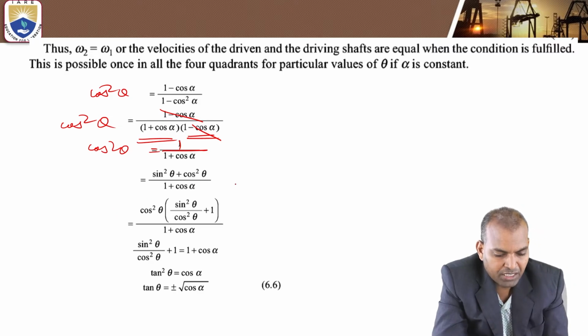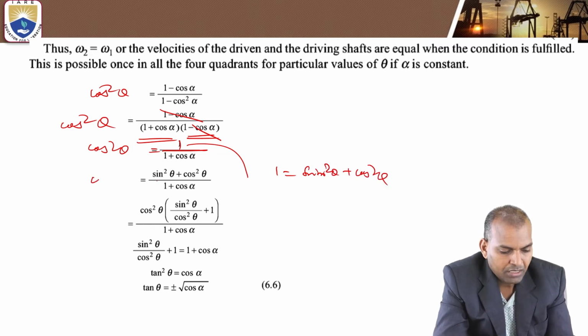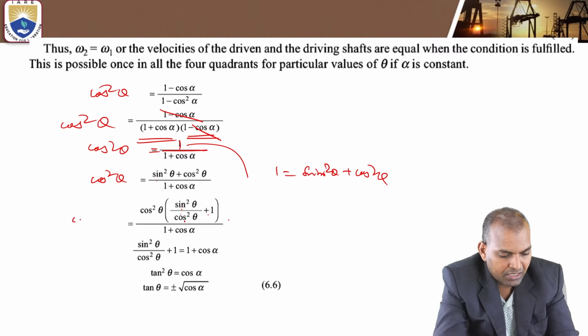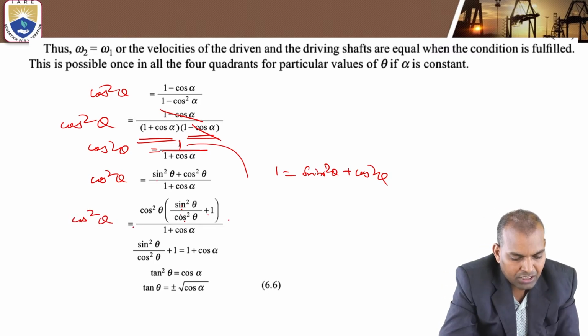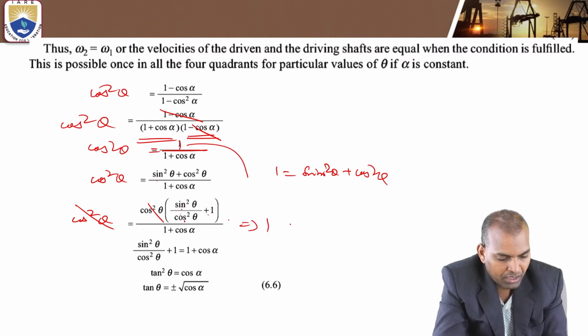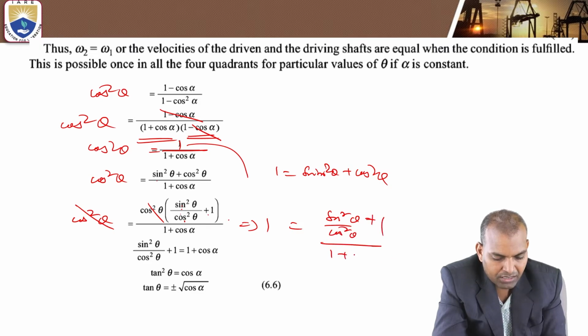Then, for further simplification, this 1 can be written as sin square theta plus cos square theta. Substitute here. Then cos square theta into sin square theta by cos square theta plus 1. This sin square theta by cos square theta is tan square theta. Then sin square theta plus cos square theta over cos square theta, so cos square theta cancels. Then it becomes again 1 equal to sin square theta by cos square theta plus 1, by 1 plus cos alpha.